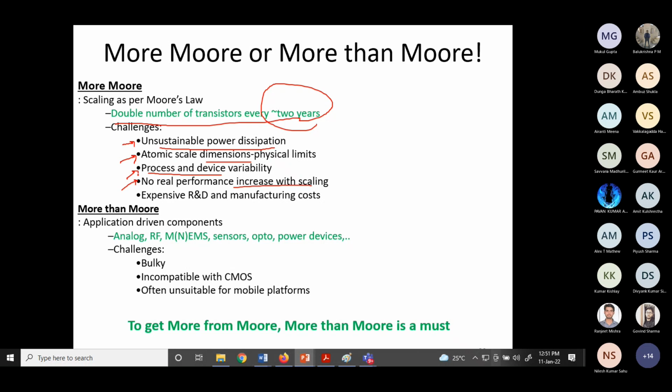The amount we spend to develop and innovate new technology so that we can move from 22 to 14 nanometer gate length, or 14 to 7, or 7 to 3 nanometer, it has been unprecedented, the amount of research and innovation and money you need to spend. But in reality, whatever you are getting out of it is not value for money, right?